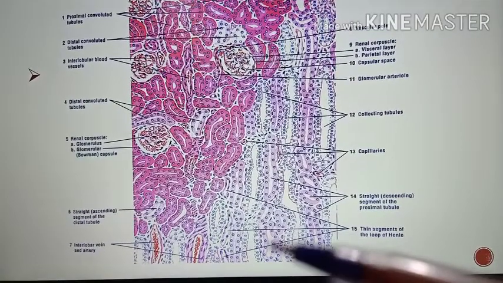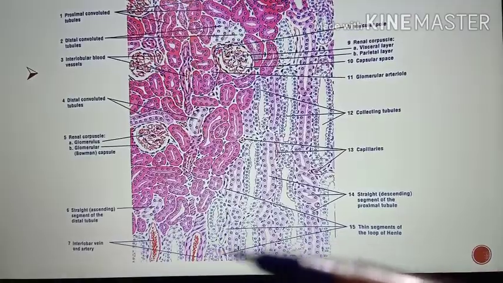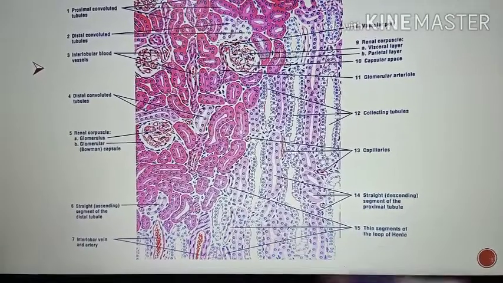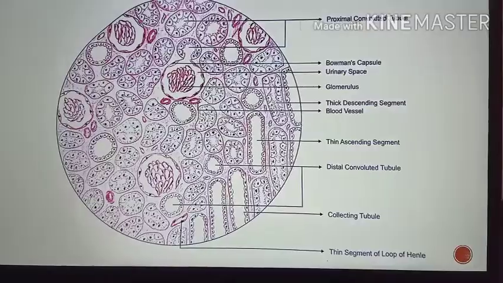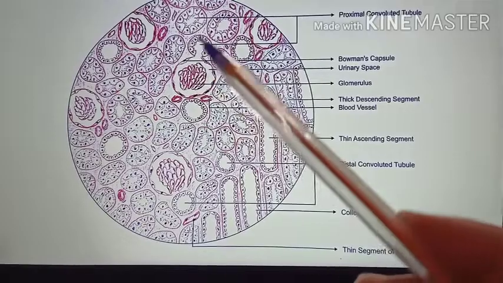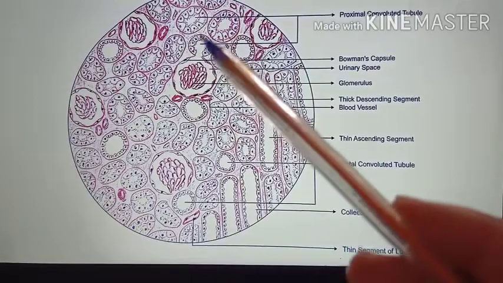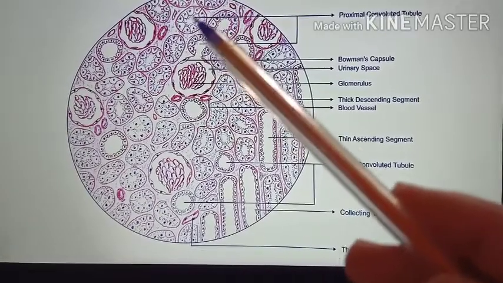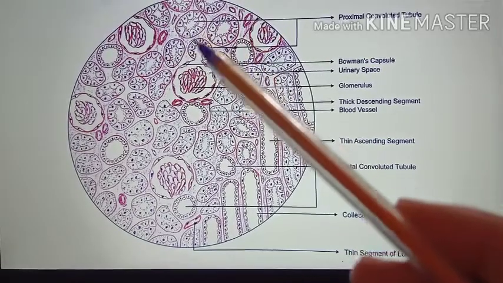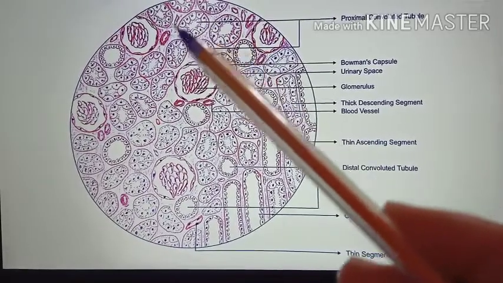You also have very thin loops, the loops of Henle, in which there is nothing present in the lumen. This is how you are supposed to draw it in your record. In this diagram the staining is less, but in the proximal convoluted tubule the staining should be more.